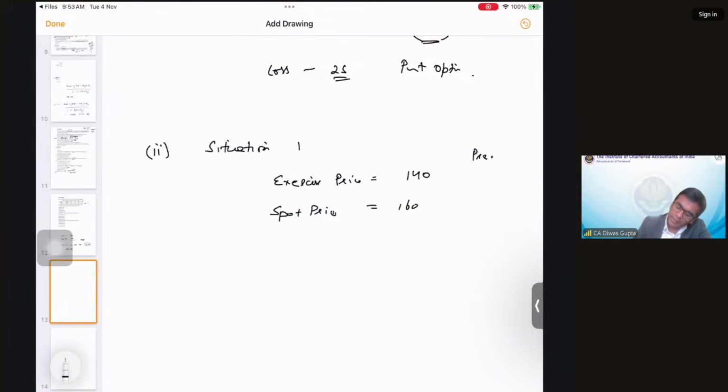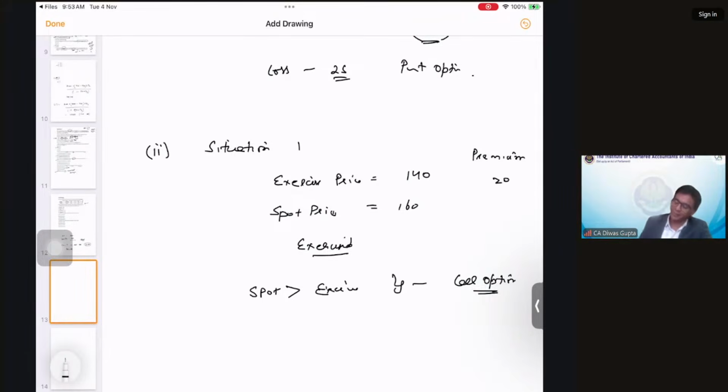Now students, if it is already exercised, that means the spot price is higher than the exercise price and still it is getting exercised, so it's a call option.